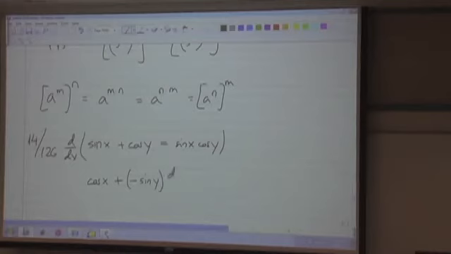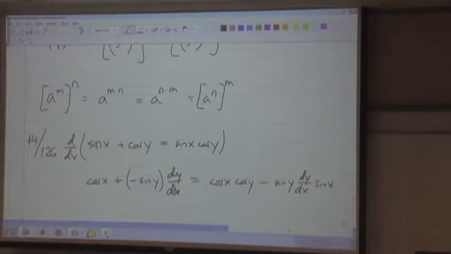Negative sine y dy dx equals. What should we acknowledge on the right hand side? It's a product of two functions, so we need to apply the product rule, right? So it'll be cosine x cosine y minus sine y dy dx times sine x.